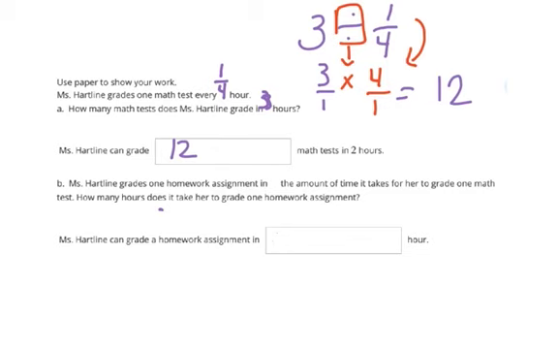Okay? So now it says, Ms. Hartline grades one homework assignment in blank the amount of time it takes for her to grade one math test. So I'm going to go with half. She grades one homework assignment in half the time it takes her to grade one math test. How many hours does it take her to grade one homework assignment?